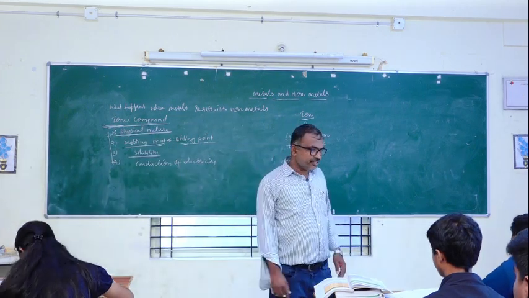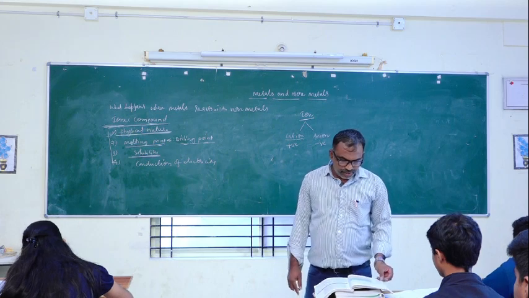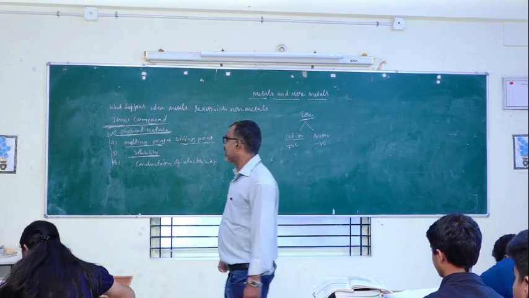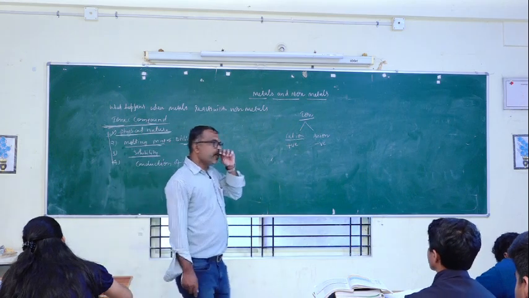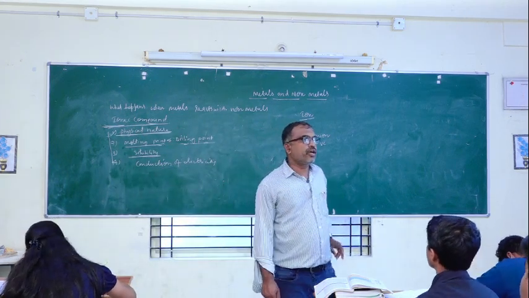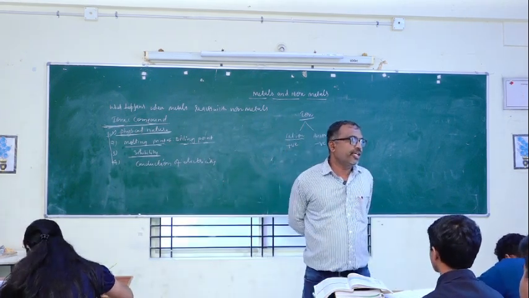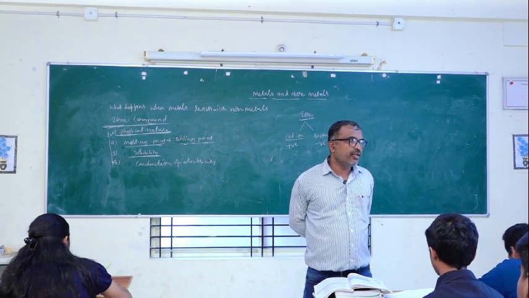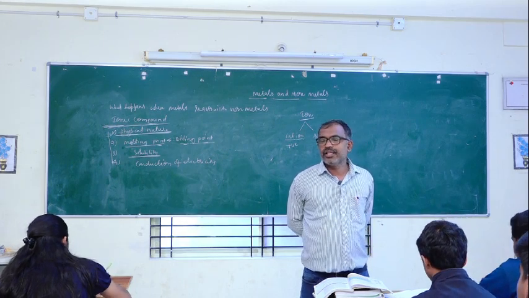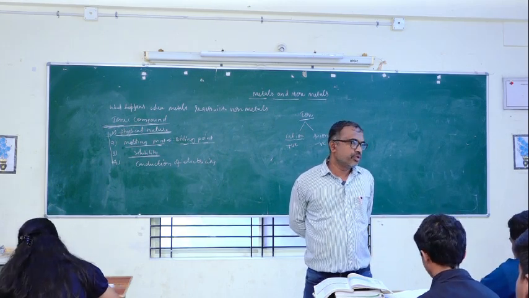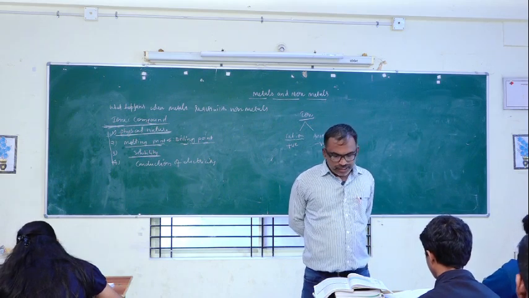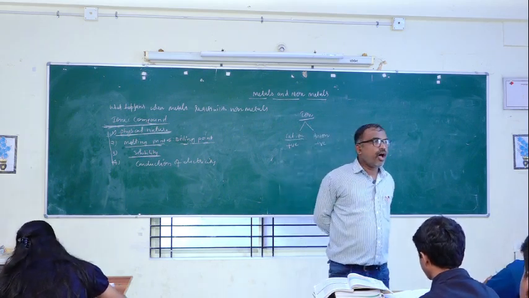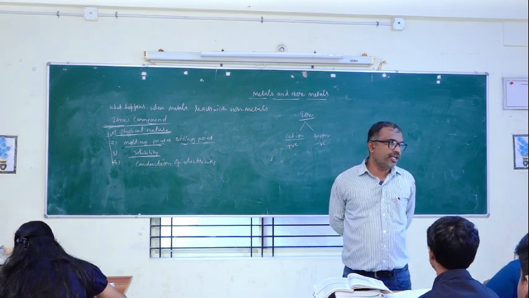After this concept, next concept is occurrence of metals. As you know, metals do not occur in nature as pure metals. They occur in the form of ores or minerals. In the book, they explain how we extract the metals.